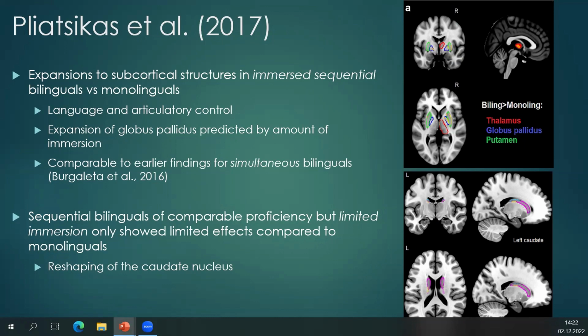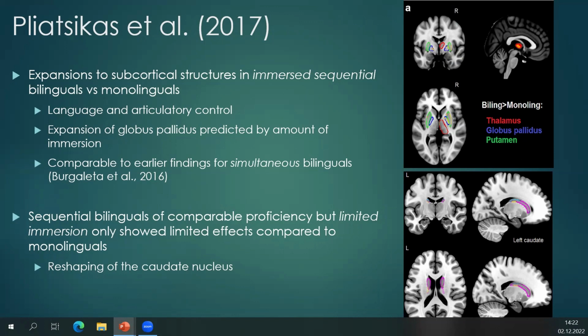They'd spent something like 12 or 13 years of continuous presence in the UK. They were professionals, they had to use their English as a second language. The expansion of the globus pallidus specifically was able to predict the amount of immersion. So the more time they've spent in the UK, the bigger that structure was.